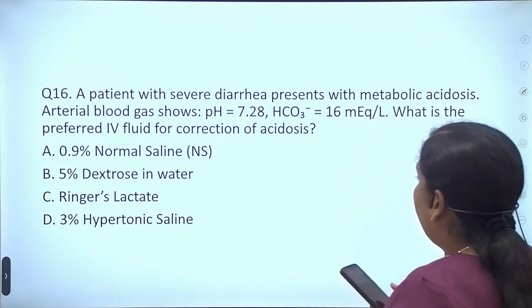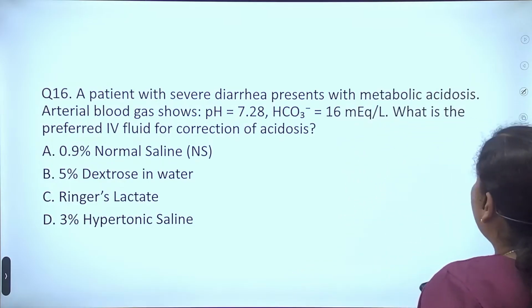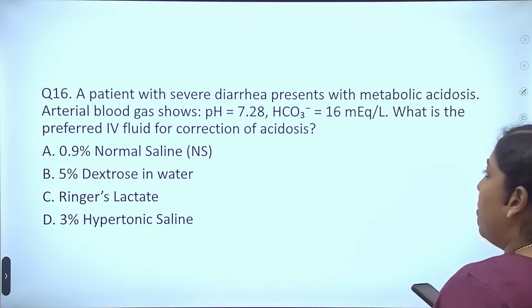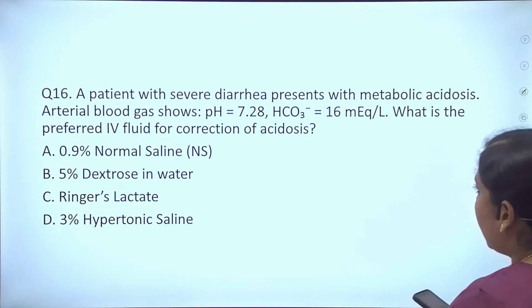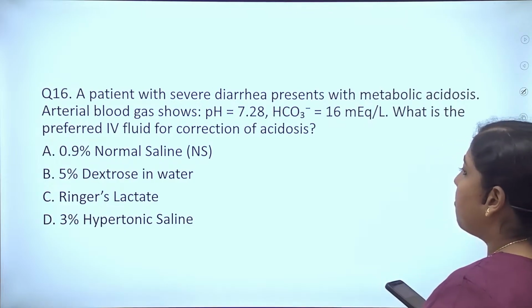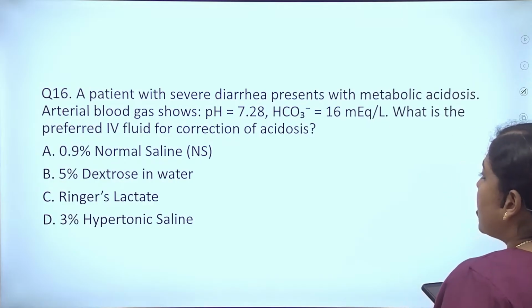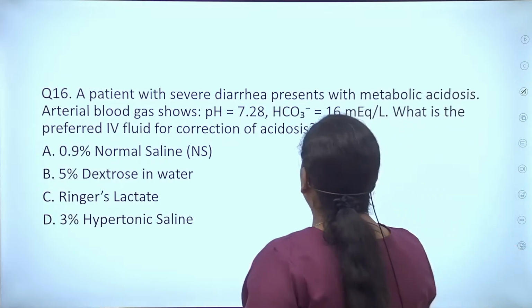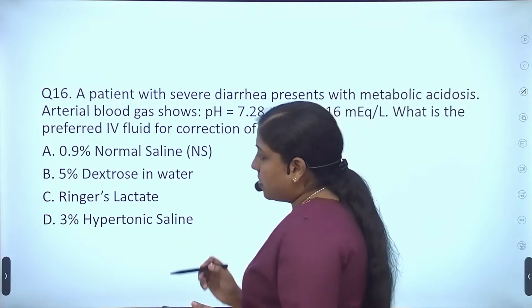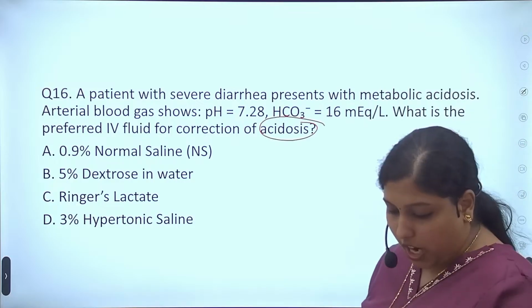A patient with severe diarrhea presents with metabolic acidosis. Arterial blood gas shows pH 7.28, HCO3 16 milliequivalent per liter. What is the preferred IV fluid correction for acidosis? Now put your answers in the chat box.